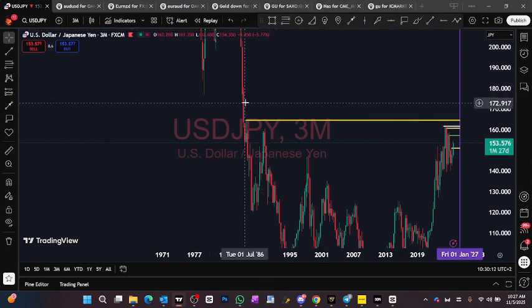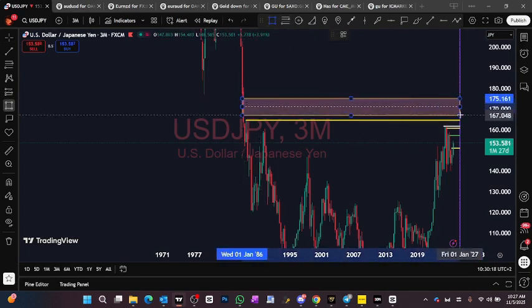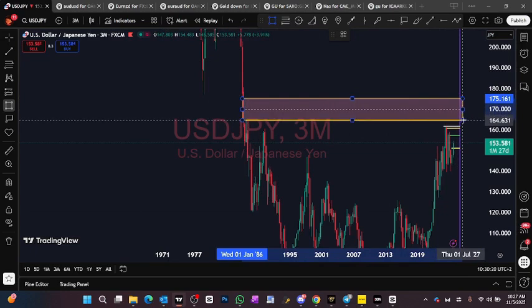There's another fair value gap there. This big one.